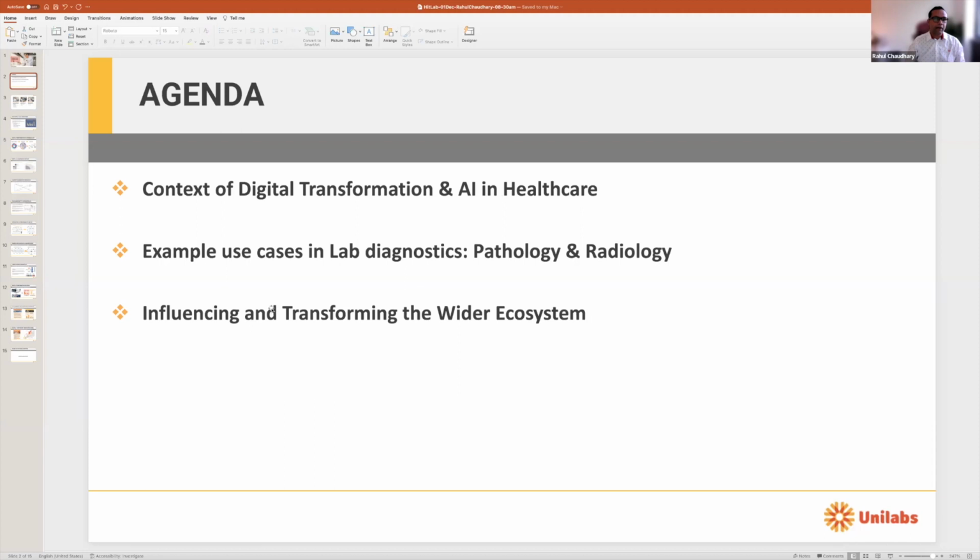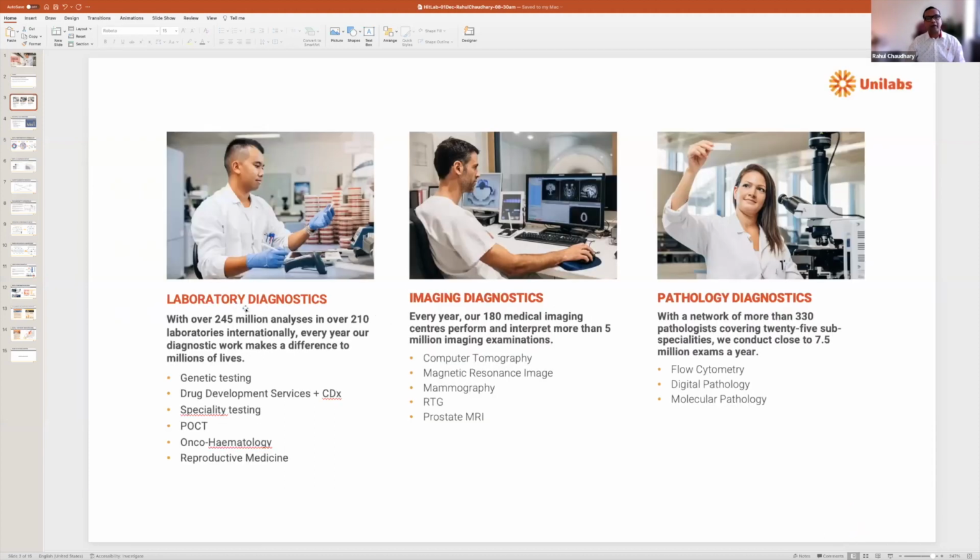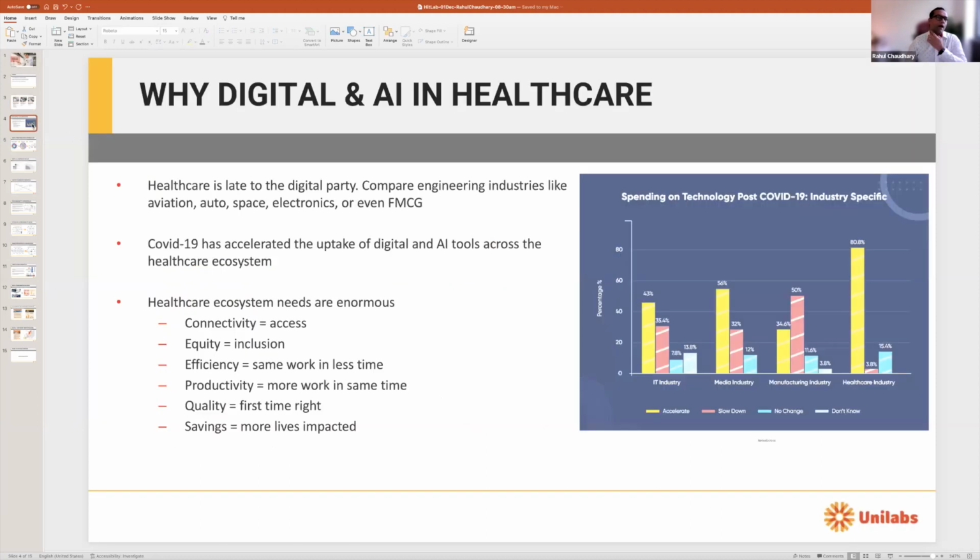So as I said, there are multiple ways of diagnosing a patient, and there are various techniques to do so. Now, I would like to place why digital and AI in healthcare today. We all know that healthcare is actually late to the digital party. It's been a very conservative exercise in the healthcare area to start digitizing.